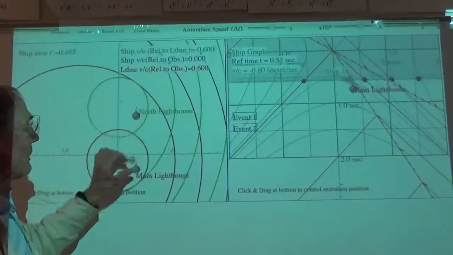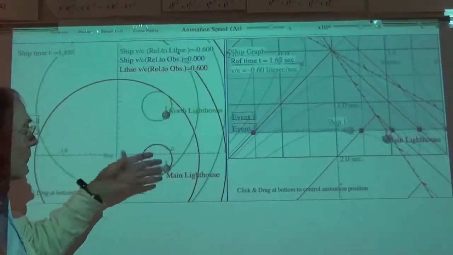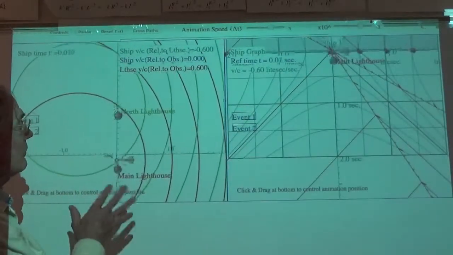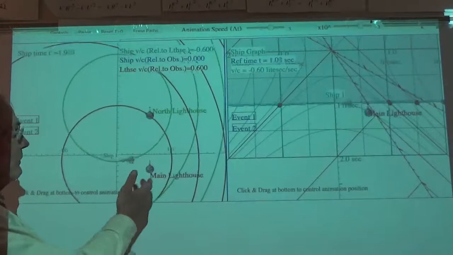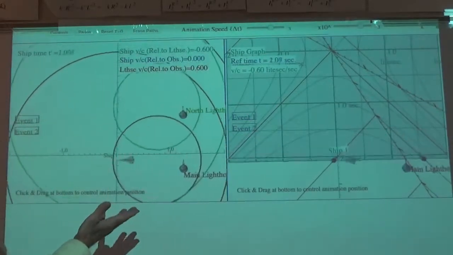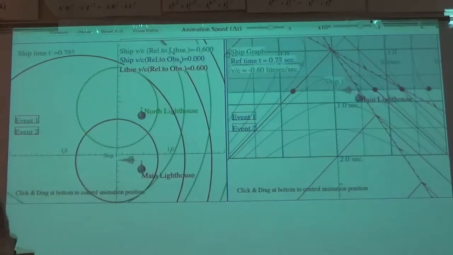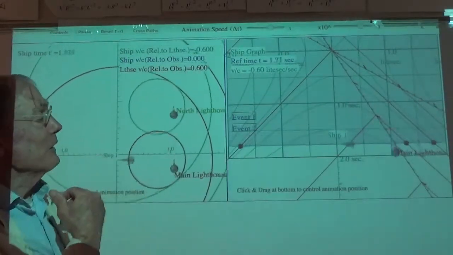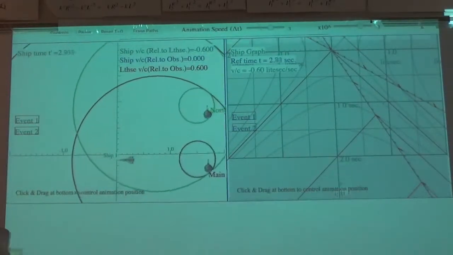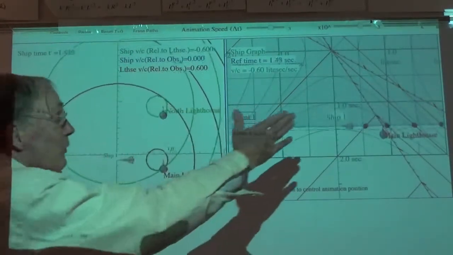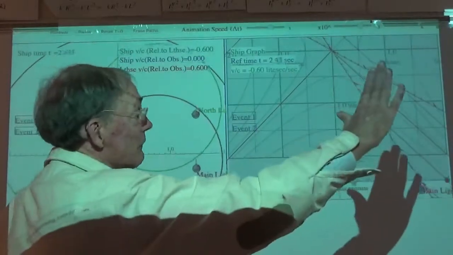and these two pulse waves of these two pairs are being used as timers to set the other one off. That's a good scenario to give students. It's the only one I had for a long time before we discovered this wave stuff. There's the Minkowski graph showing the main lighthouse, and then the north lighthouse. This one would be off of the screen.